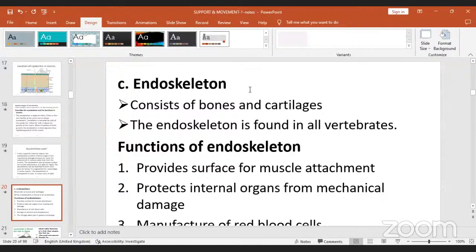So I don't want to move to the endoskeleton. Let me just confirm something small as you think about questions, then we come back and see.